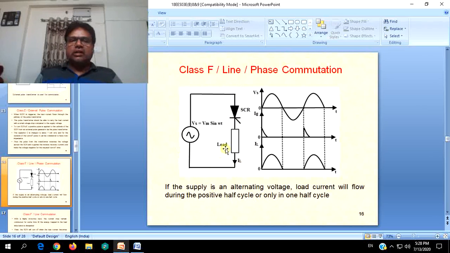Now the reverse voltage will be applied immediately, and for a total half cycle reverse voltage will be applied across it, to block the SCR in the reverse direction.